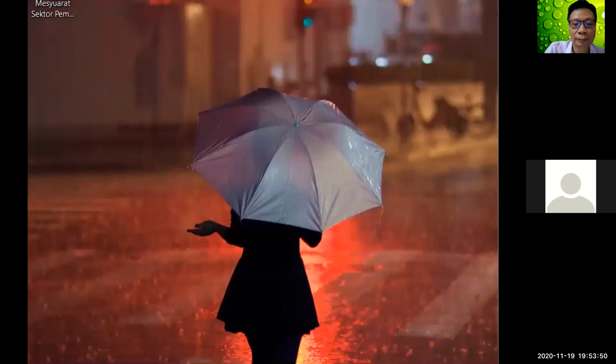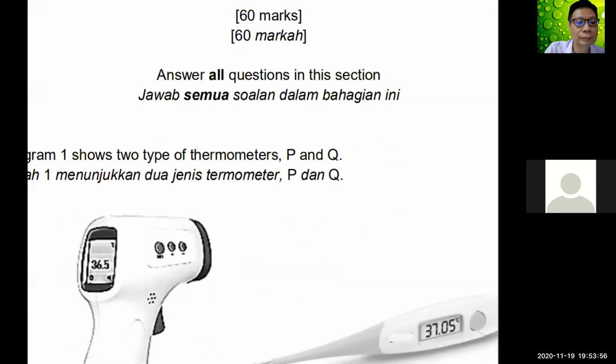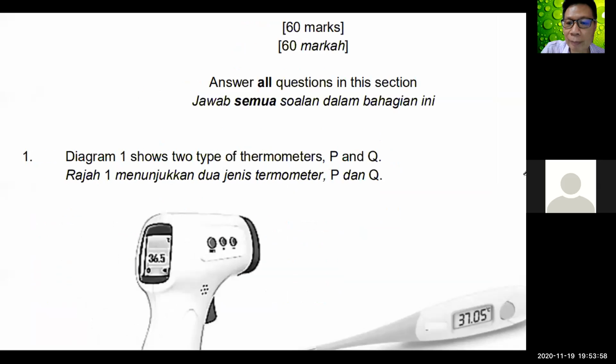Now I want to start to discuss the paper 2, your set 1, paper 2 questions. I hope you have the paper in front of you now. I share the paper. Can everyone see the screen?